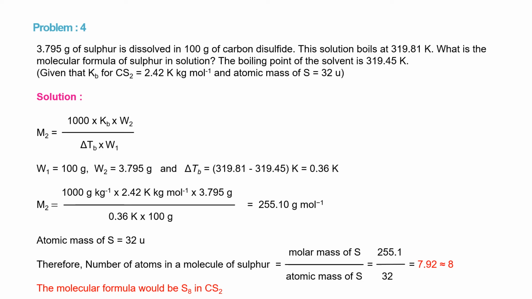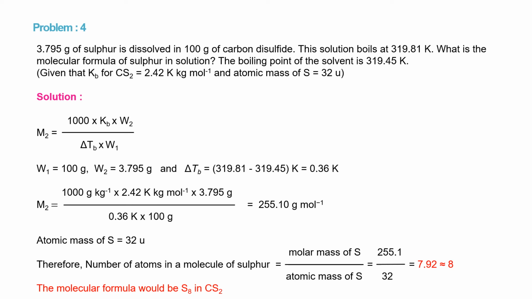Now in this case, you have to find a molecular formula. But before finding the molecular formula, you must know the molar mass of sulfur in this carbon disulfide solution. So which quantity is given to you? 100 gram of carbon disulfide. That is nothing but the weight of solvent.